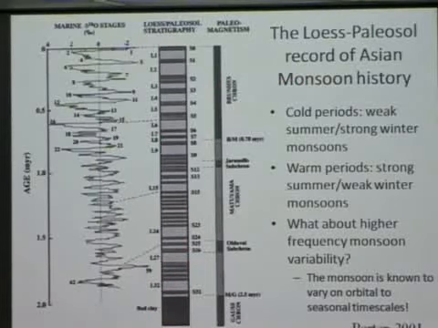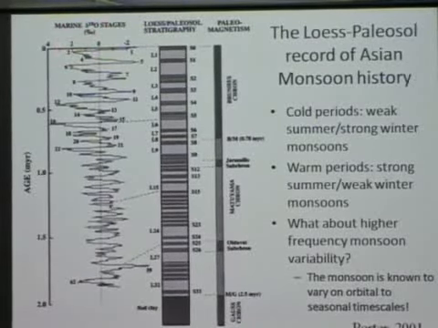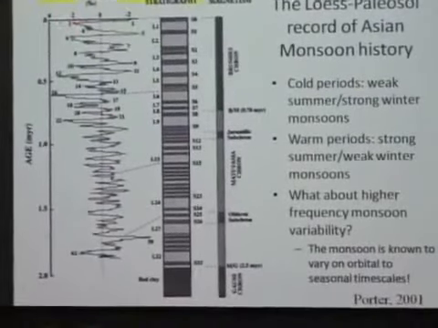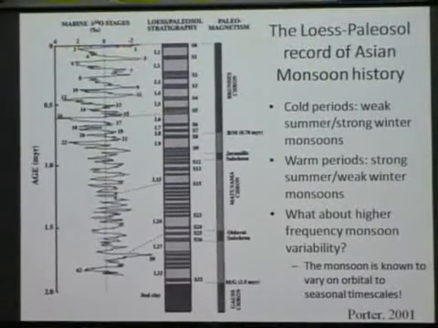So this is a nearly 2 million year record of alternating periods of loess deposition and soil formation in this region. What was initially noticed from this record is that if you look at it versus, plotted here, we have marine delta 18O stages, which essentially are showing changes in global ice volume. On the left here we have the cold glacial periods, and on the right here we have the warmer interglacial periods.